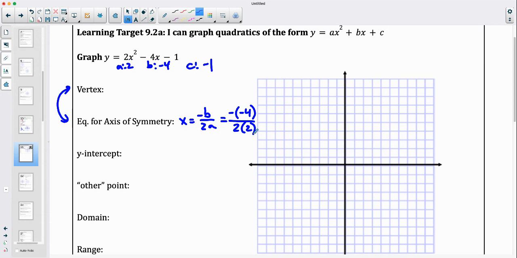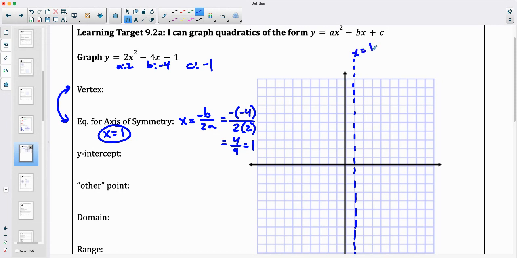So we end up with positive 4 over 4, which is 1. So our axis of symmetry is x equals 1. That is a vertical line that cuts the parabola right in half. And that's the graph right there. This is the line x equals 1.